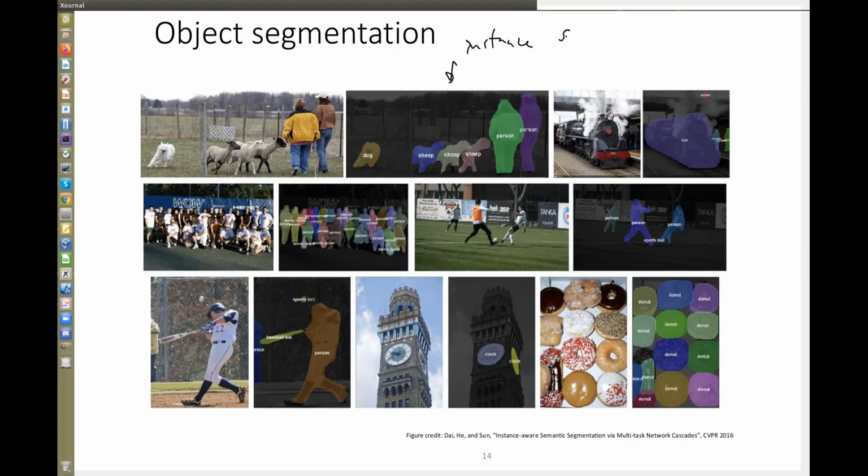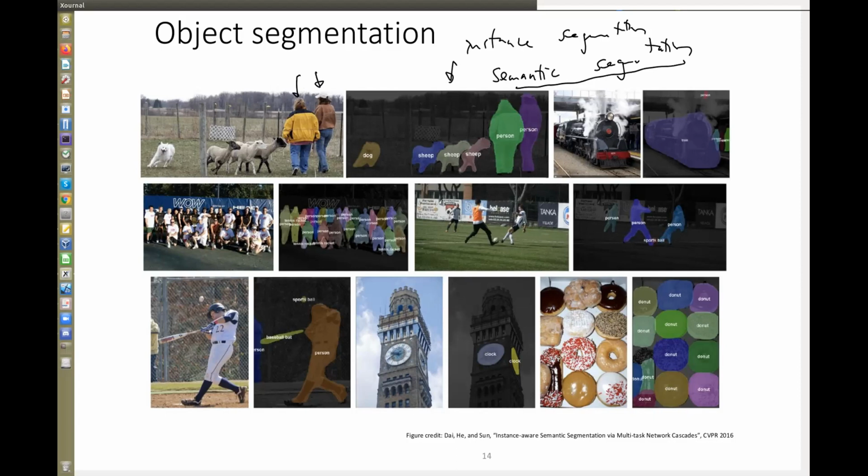This kind of problem is known as instance segmentation, and there's another very similar problem known as semantic segmentation. It's a little bit simpler. For semantic segmentation, I don't separate each object in the scene.